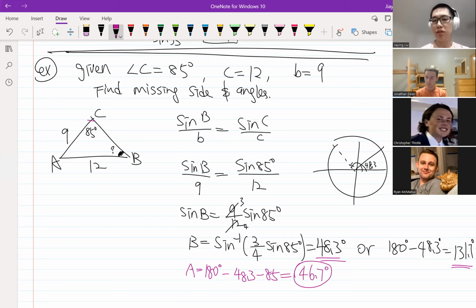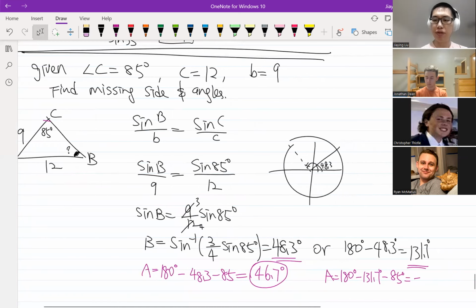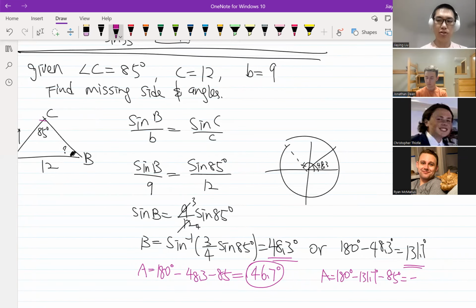Or if we choose the different angle B, 131.7 degrees, we get A equals 180 degrees minus 131.7 minus 85 degrees, angle C. And we end up with a negative. So in the second triangle case, we end up with negative 36.7 degrees.